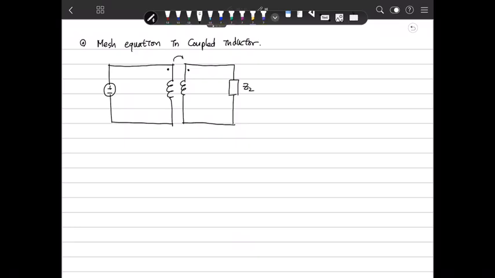So define this is M, this is L1 and L2, and define this voltage V1(t), and define the current direction as I1(t), and you define the direction of current as I2(t), and define the voltage V2(t) here.